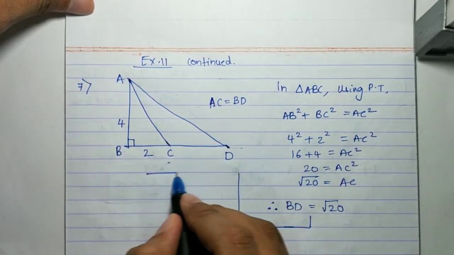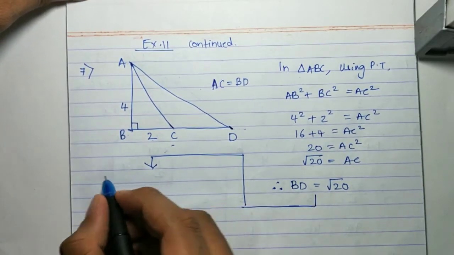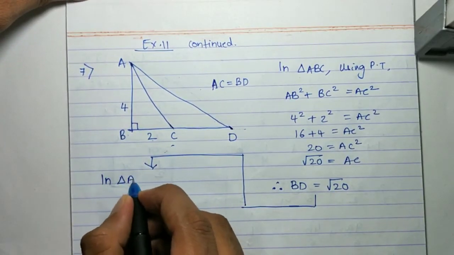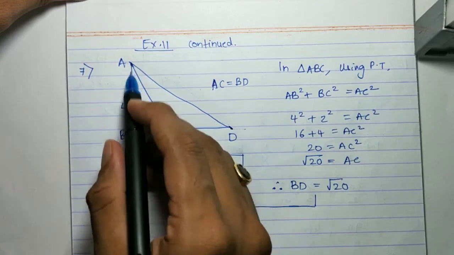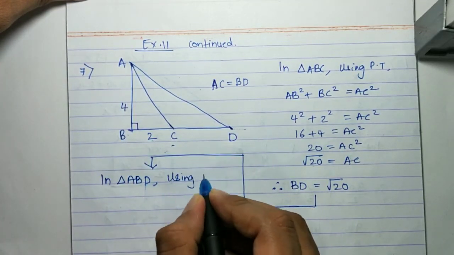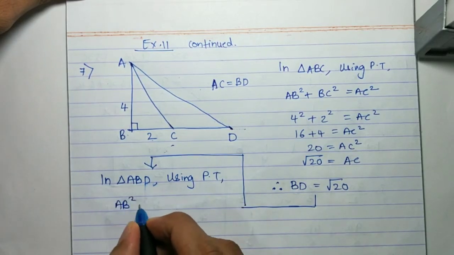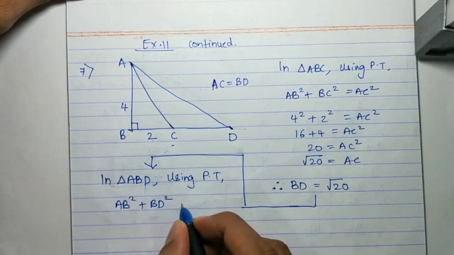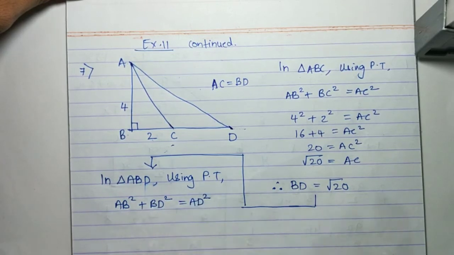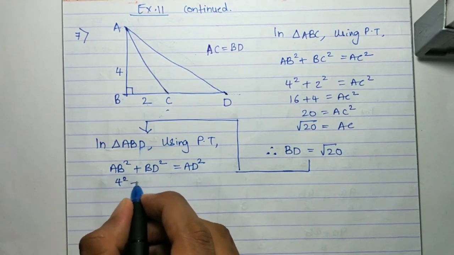In triangle ABD, I'm talking about the bigger triangle ABD. Using Pythagoras theorem, AB square plus BD square equals AD square. So AB is 4 square.